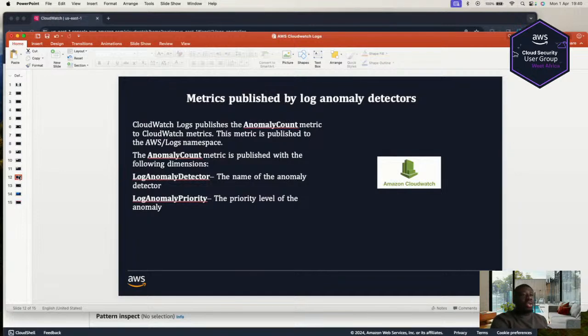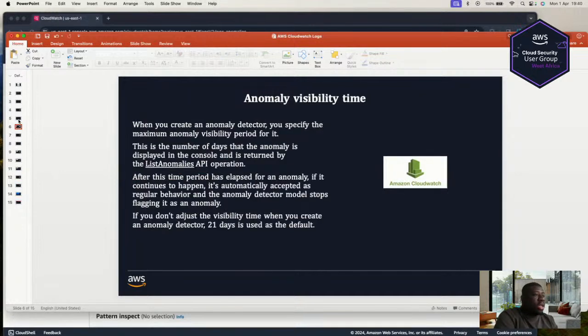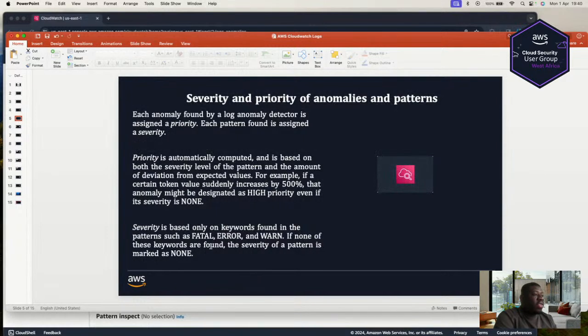I remember there are three keywords, which is fatal, error, and one. Once it doesn't see those three keywords, the severity is assigned none.